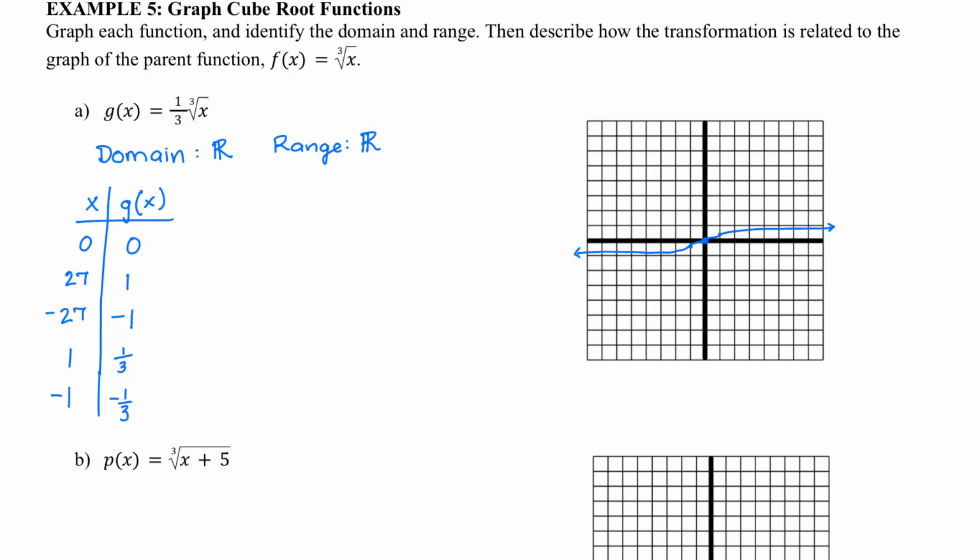So we want to plug in numbers that are outside of our domain so that we know how far up or down we're going to go. So we know that while we're on the graph, we're going to be between -1 and 1 for our y value. Now, our transformation here.